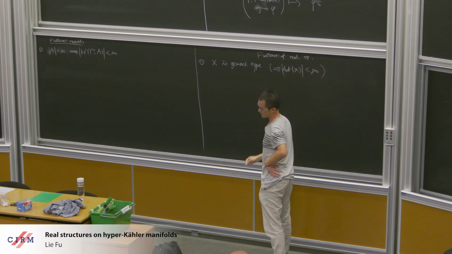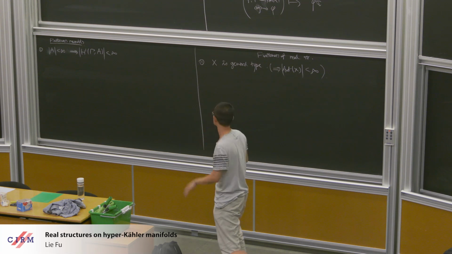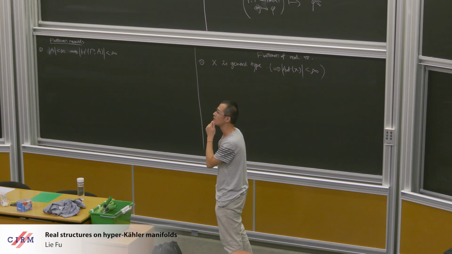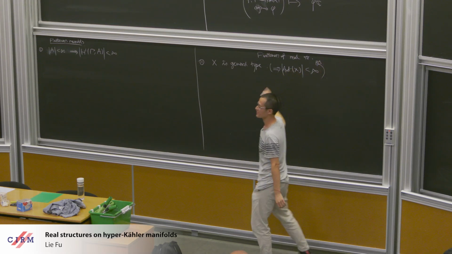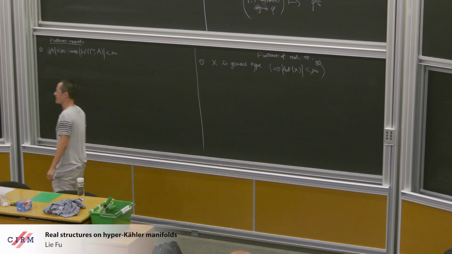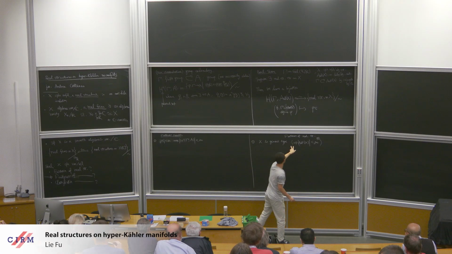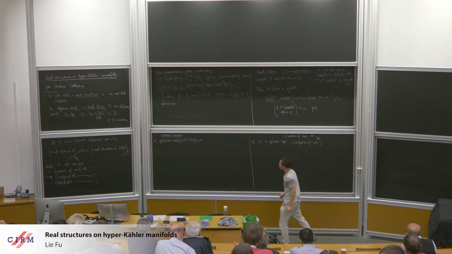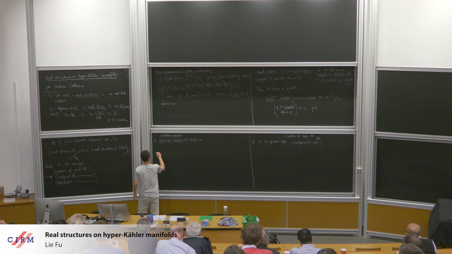This is a classical result of Matsumura, 1963. Thanks for the reference. I really don't know the reference, I just know the name. So if it's of general type, then it's a finite group. Then you apply this result, you see that there are only finitely many real forms.